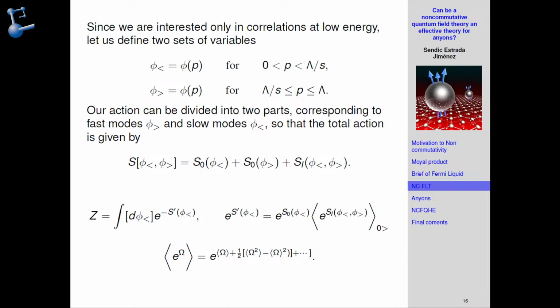So the action can be divided into two parts, corresponding to fast mode and slow mode, and the total action can be written in this form, and we can calculate the partition function by means of a cumulant expansion, that is the formula.